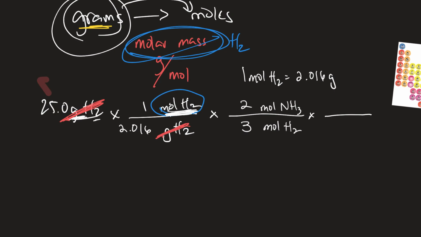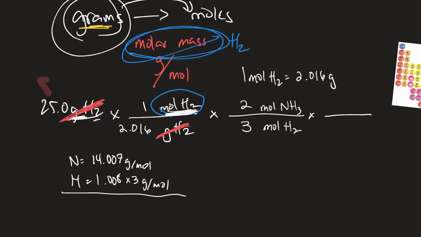So I'll put my periodic table out to the side. All right, and so nitrogen, 14.007 grams per mole, while hydrogen is 1.008 times 3 grams per mole. And so when we add this up, we'll get our molar mass of NH3 to be 17.031 grams per mole.